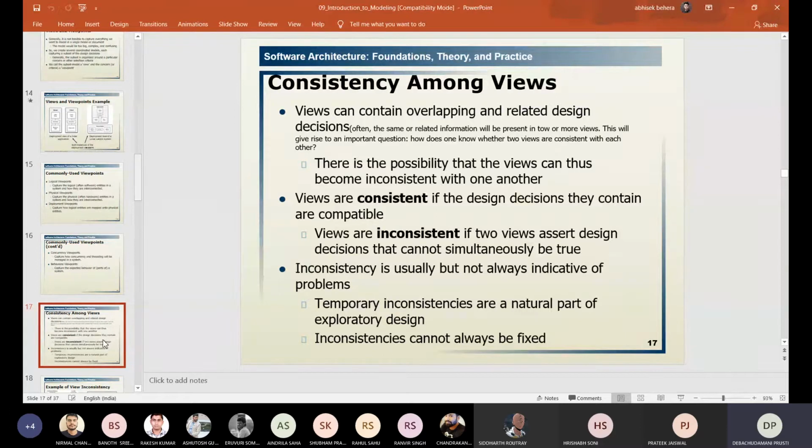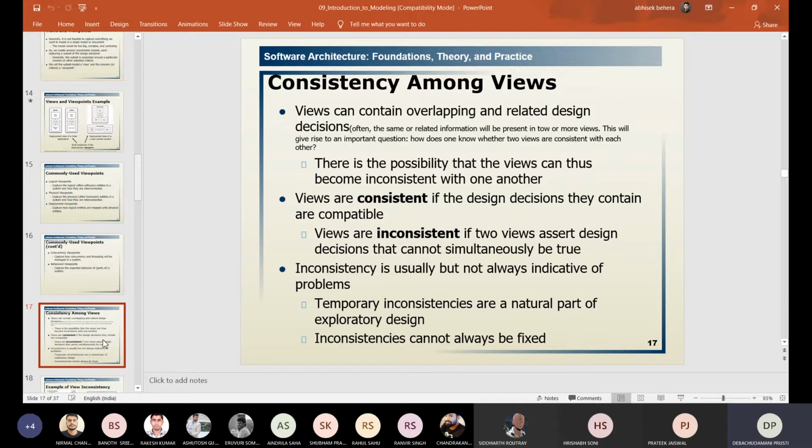Views are consistent if the design decisions are compatible. But if the design decisions are not simultaneously true or not compatible, then the views will be inconsistent. Views are inconsistent if two views assert design decisions that cannot simultaneously be true.